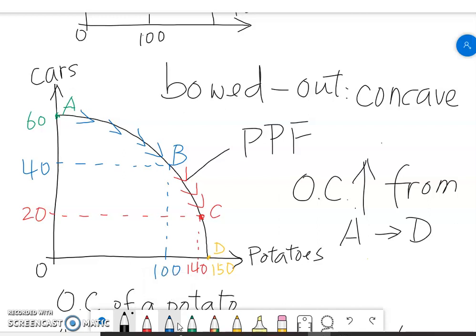This is the economic definition of a bowed out curve. In other words, when we say bowed out, we automatically mean that the opportunity cost along this line from A to B to all the way to C and D is increasing. You have to give up more. Okay.